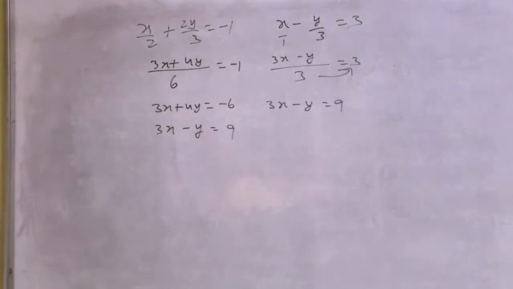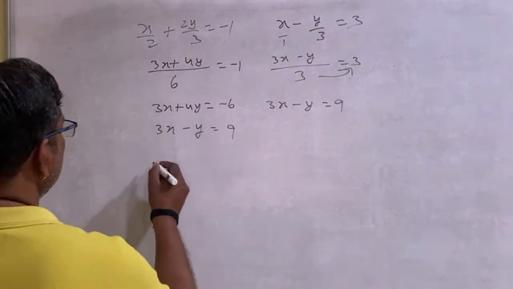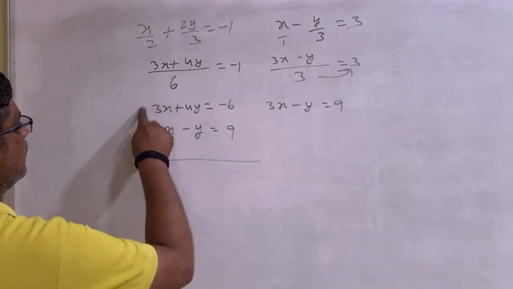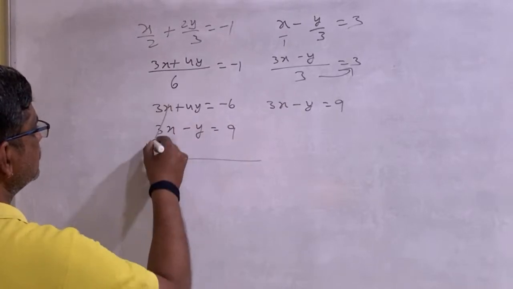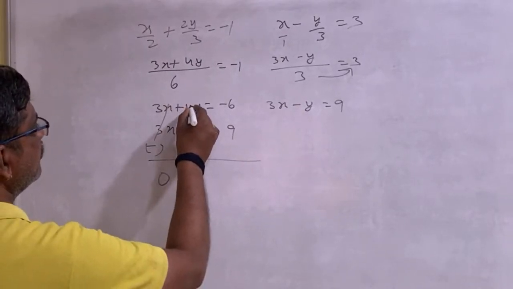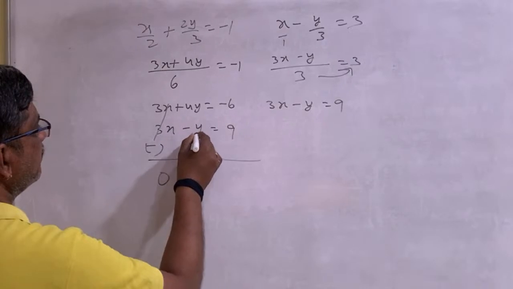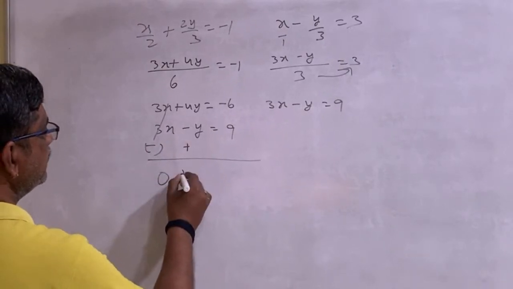Yes, we need to subtract. 3x minus 3x is 0. 4y minus (-y) becomes plus, means 5y.